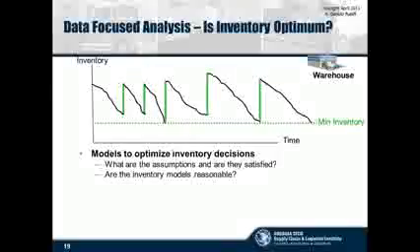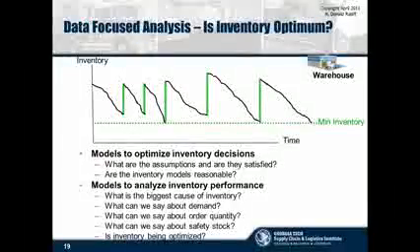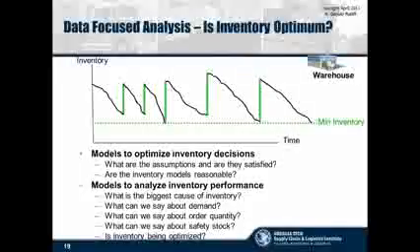The fact that you've applied an optimization model for inventory does not in any way mean you've optimized your inventory. So the second set of models are, how do I determine how well I'm performing? The first set is to help you make the decisions, and the second set is to tell you whether or not you're making them well.